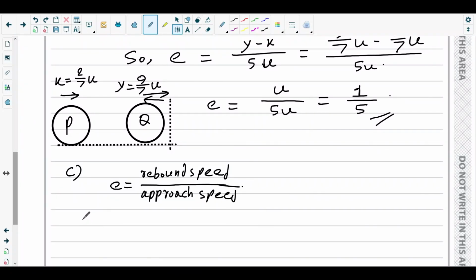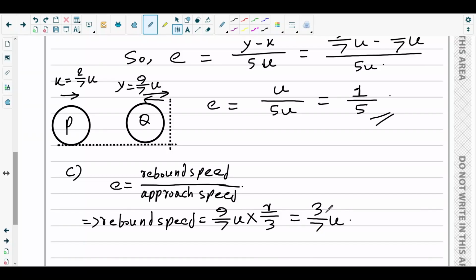Therefore the rebound speed after having impact with the vertical wall is the approach speed 9/7u times E. The coefficient of restitution between the wall and the particle Q is 1/3. So the rebound speed is 3/7u. We got the rebound speed. With that speed, it will move in the negative direction.